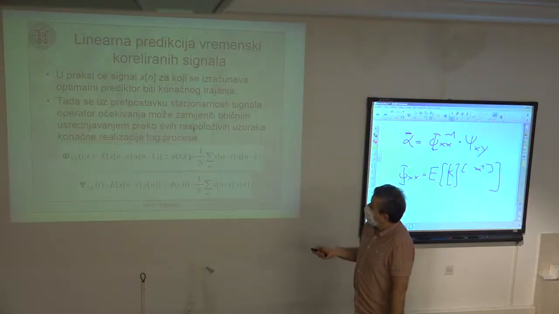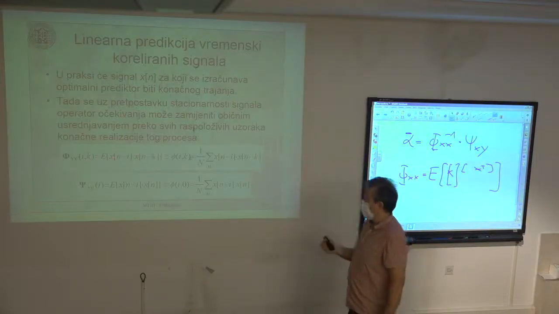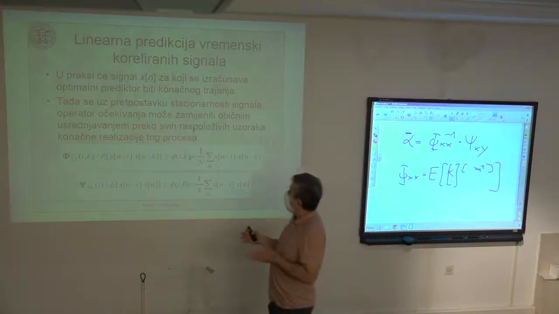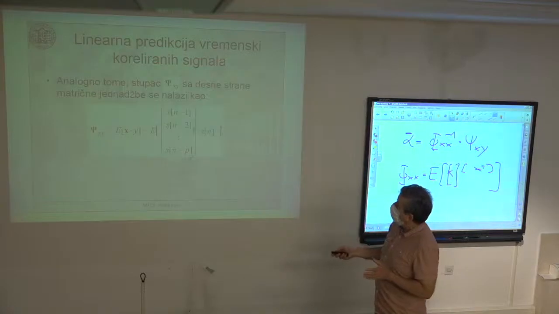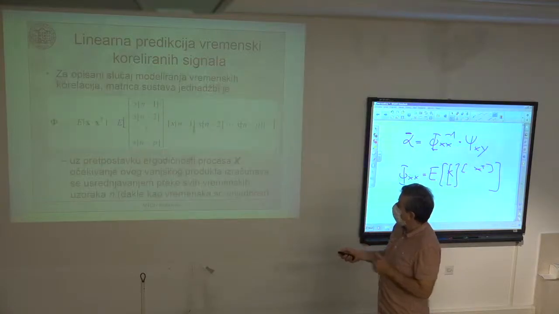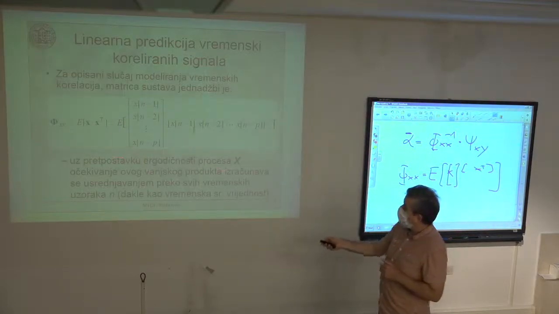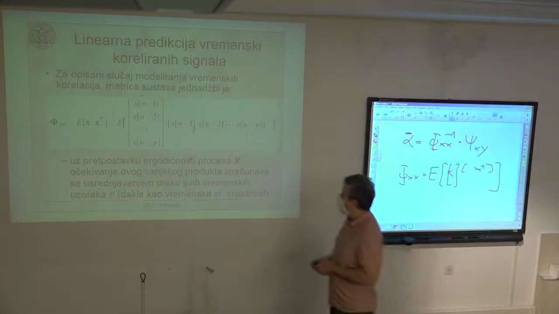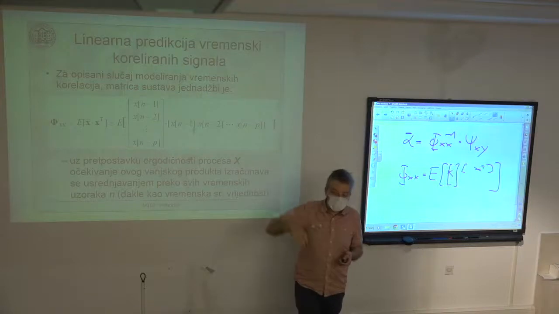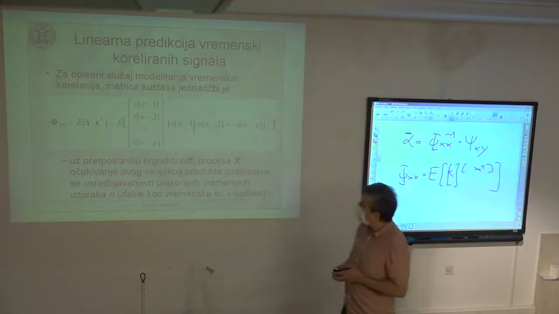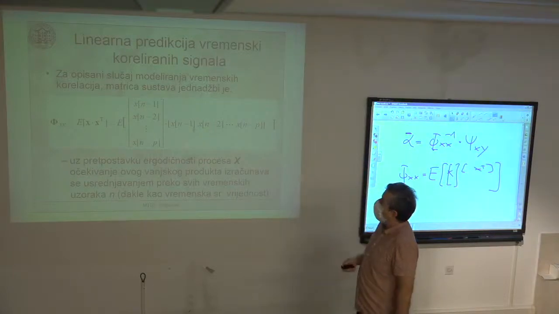I have only samples of this process, a finite realization of this process. And under the assumption of ergodicity, instead of using the expectation, I can use the sample mean to estimate the covariance matrix and to estimate the correlation column psi xy.